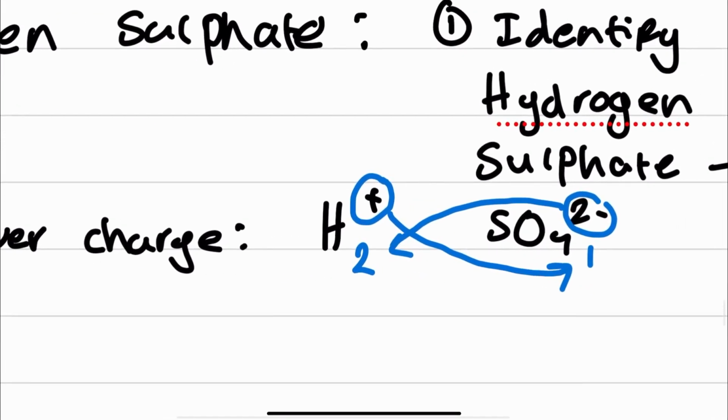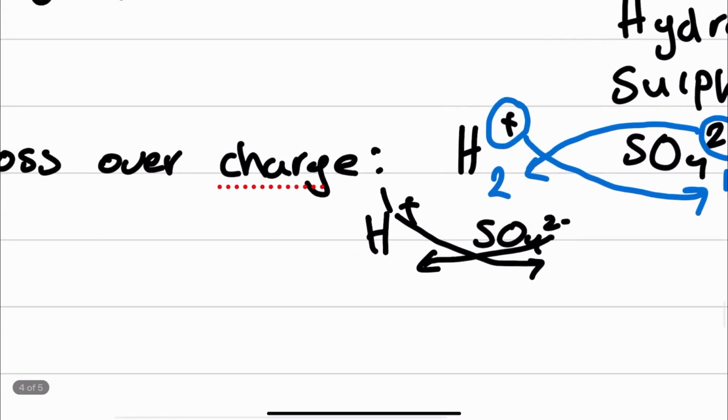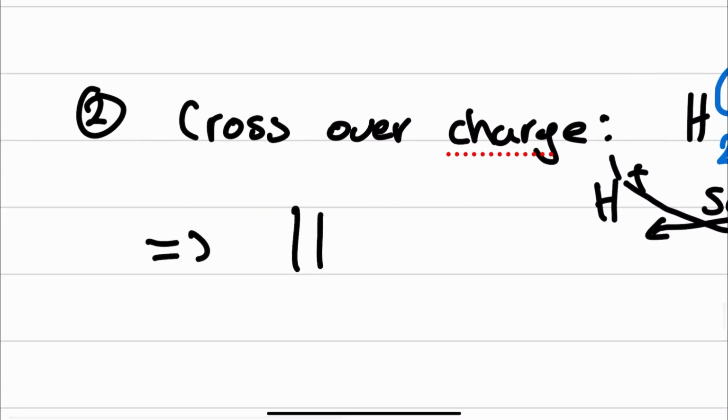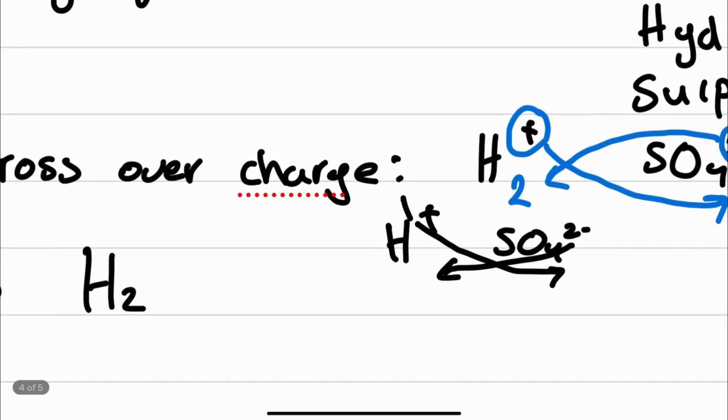So it's hydrogen with a 1+ charge, SO4 with a 2- charge. So this charge crosses over down here, and this charge crosses over down here, giving us H2SO4, because that 2 from the 2- dropped down, and we don't have to write the 1.